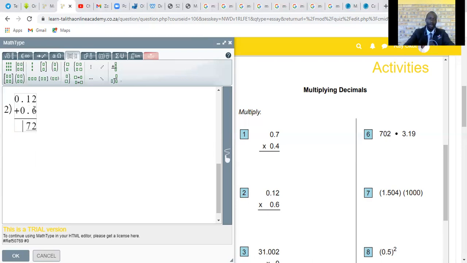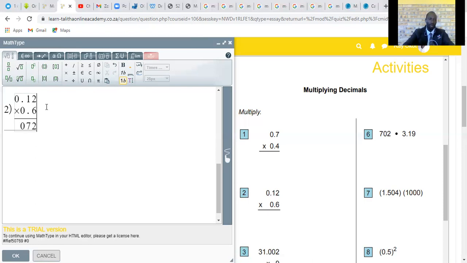Then again we have to multiply 6 by 0. That gives us 0. Sorry, this is a multiplication sign. We are not adding, it's multiplication. So once again, 6 by 2 gives 12.